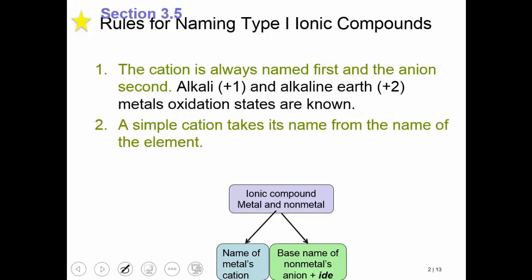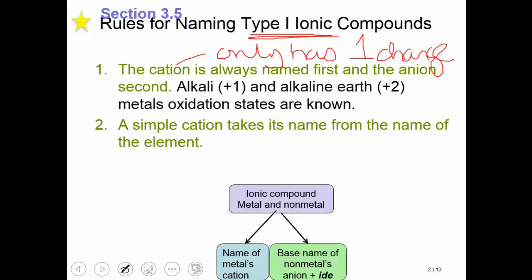And what we're going to do is we're going to be looking at type 1 ionic compounds. And what that means is that the cation only has 1 charge associated with it, meaning it's always a +2 or always a +1. It doesn't have multiple charges, because what we're going to notice later on is we may see that copper could have a +1 charge and copper can have a +2 charge.